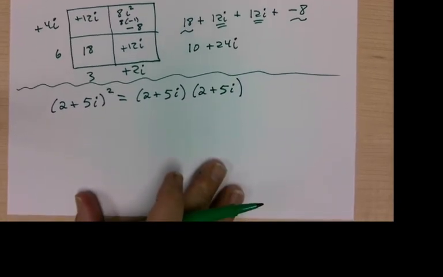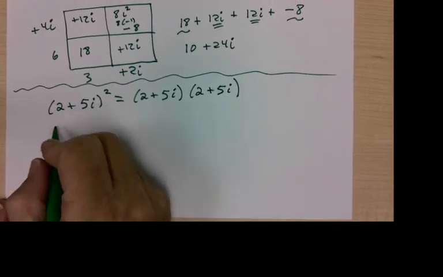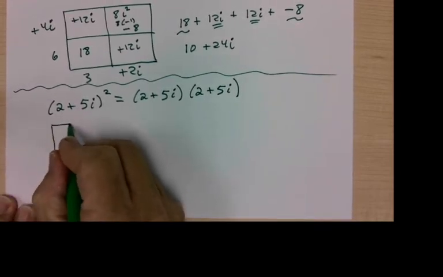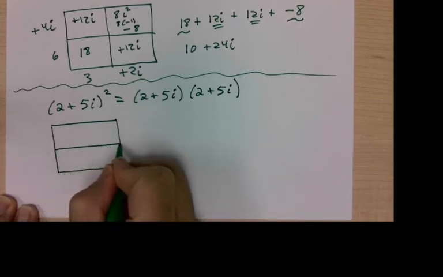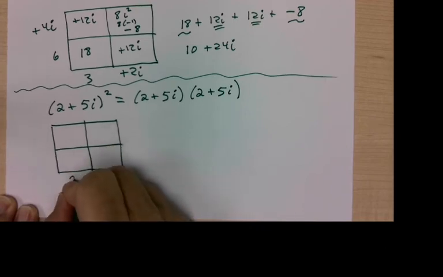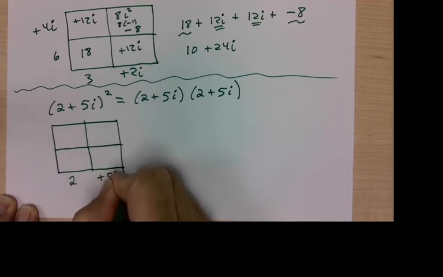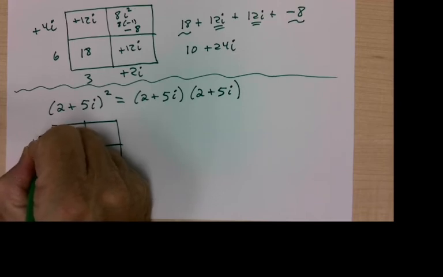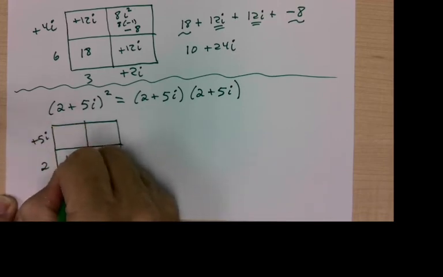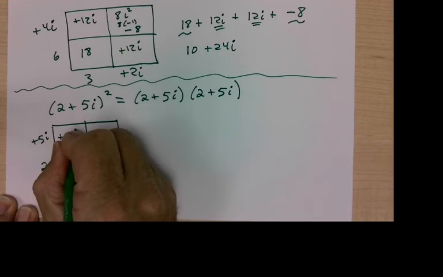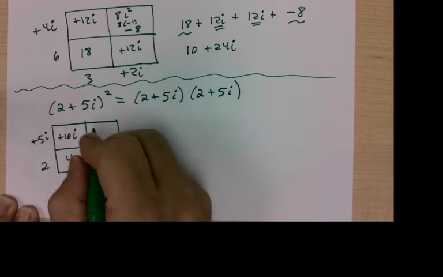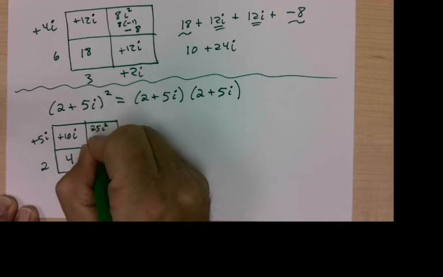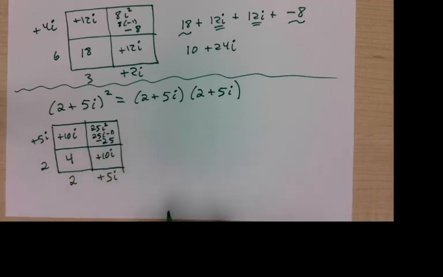So if I'm distributing, I want to use my multiplication box, so I'll do that. 2 plus 5i times 2 plus 5i. 2 times 2 is 4. 5i times 2 is 10i. 5i times 2 is 10i. 5i times 5i is 25i squared. 25 times negative 1, negative 25.